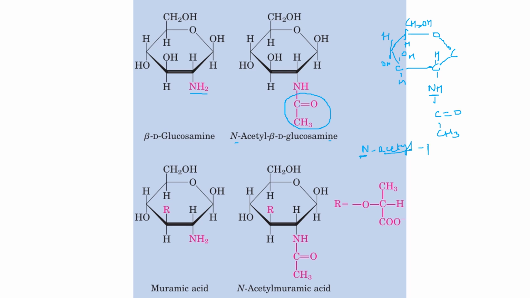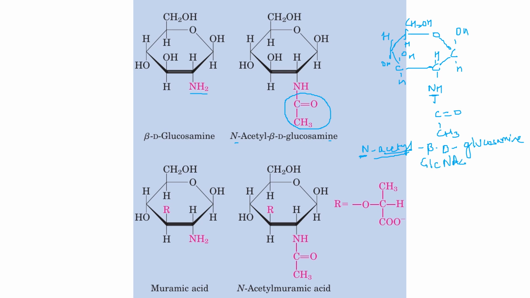This has a beta form, it is a D form, and glucosamine. Glucosamine means it is an amine derivative, so there is an NH group at the C2, and to this NH there is an acetyl. So this is N-acetyl beta D-glucosamine. In short, it is called GlcNAc.